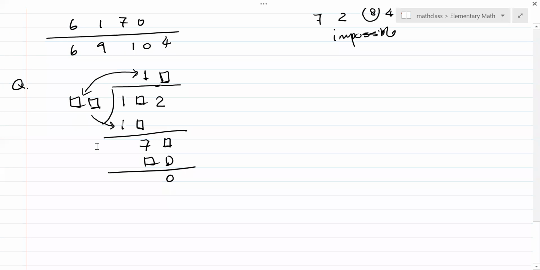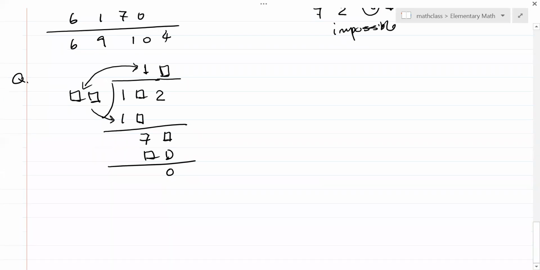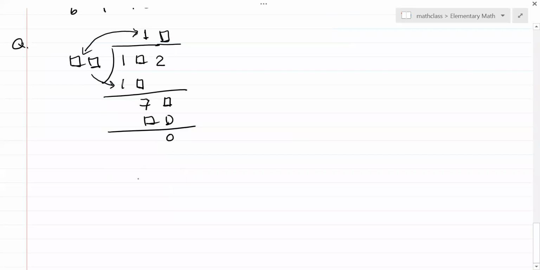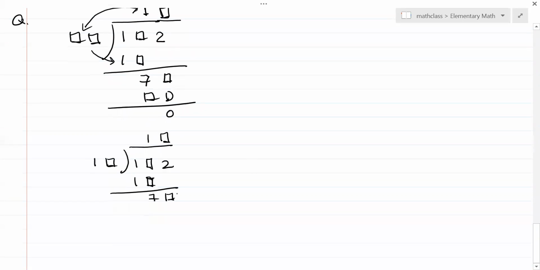So you figured out, here's 1, and this must be 1. Otherwise, you're not going to get it. Okay. I think this will be 2. This will be 2, 72. Okay.